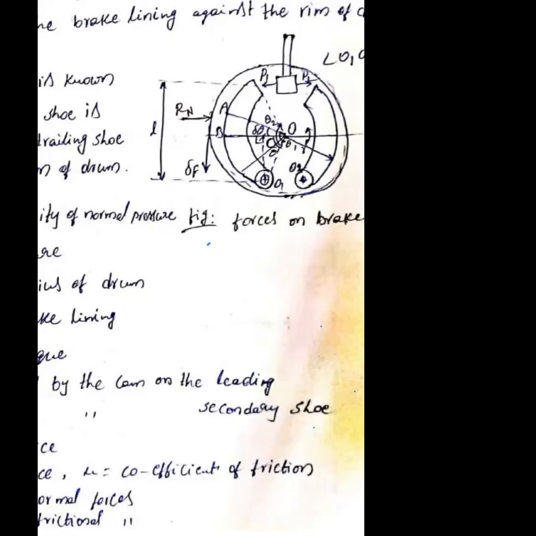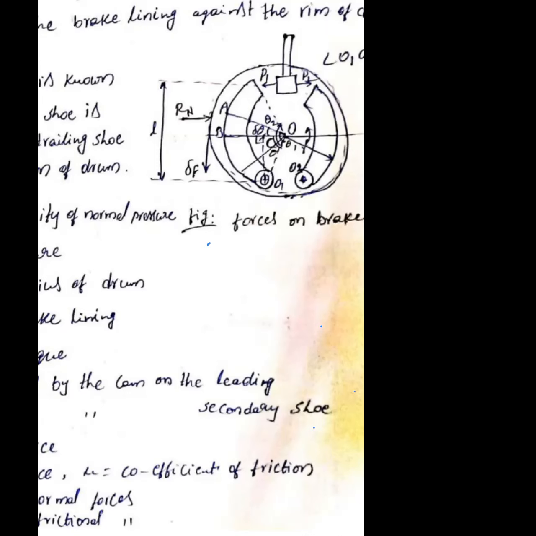When we make the derivation, we take only a small portion, one element, which we consider as the element AB. It covers an angular displacement of del theta.